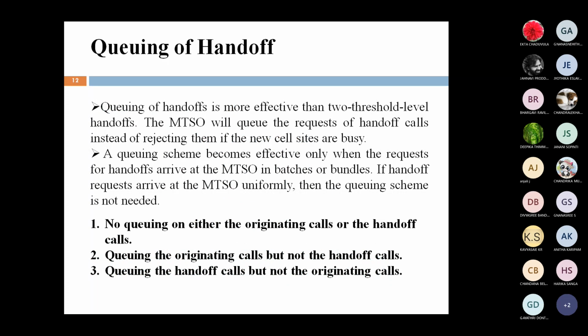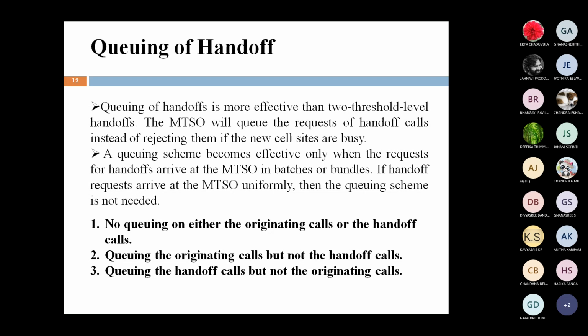Now the next one is queuing a handoff. Suppose at a time 10 mobiles are moving from cell 1 to cell 2, but the channels are not available in cell 2. We have to wait for some time, that is, we are in the queue.